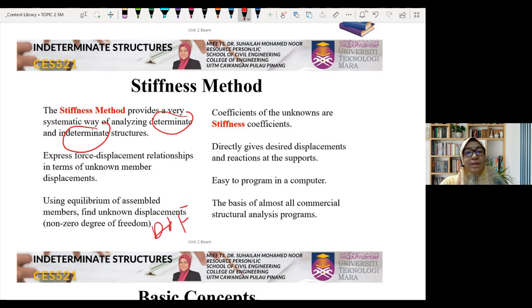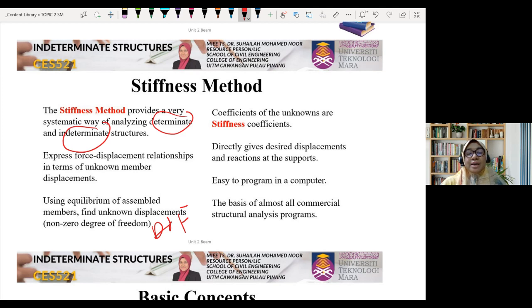In degree of freedom, we have to understand two terms. One is unconstrained, another one is constrained. Constrained means supports. Whenever the system has a support, there is no displacement, which means zero displacement.